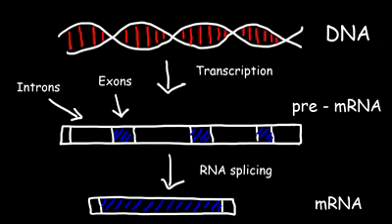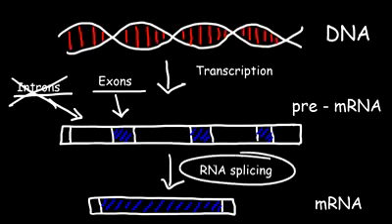Now, this particular strand has something known as introns and exons. Introns are basically longer sequences of nucleotides that do not code for anything. So they must be removed in a process known as RNA splicing.